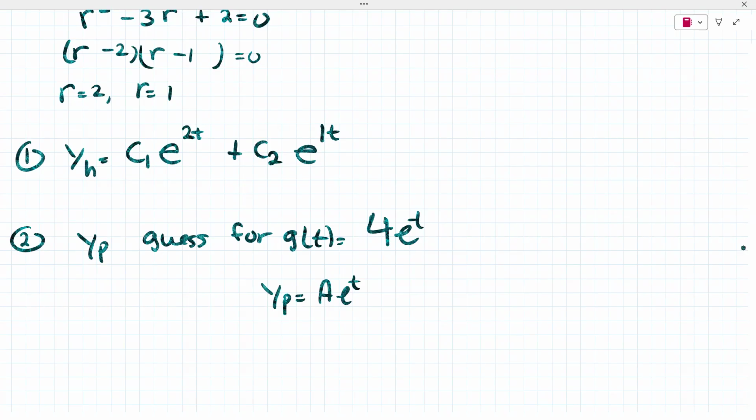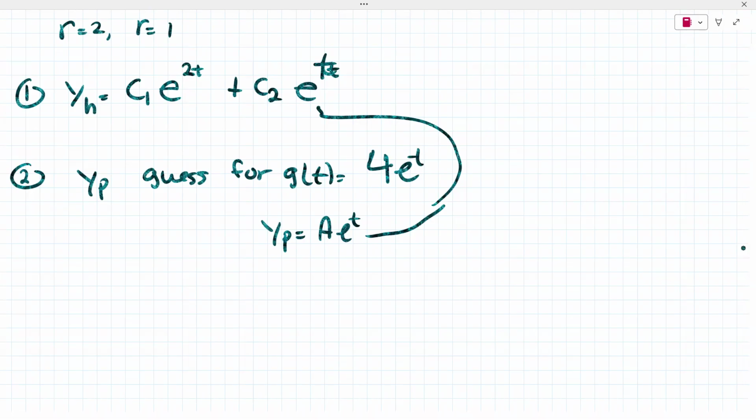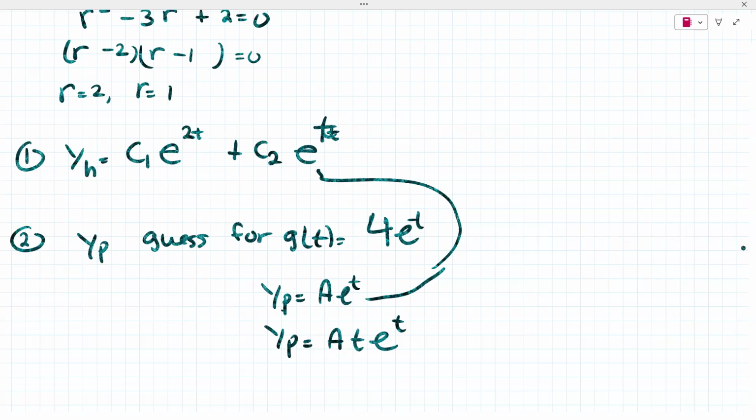Yeah, this yp looks very similar to this c2 e to the t, right? So this is not a good guess. So what you're going to have to do is multiply it by t. So your new yp is going to be a t e to the t. If your yp looks similar to your y of h, you're going to have to multiply your yp with t.